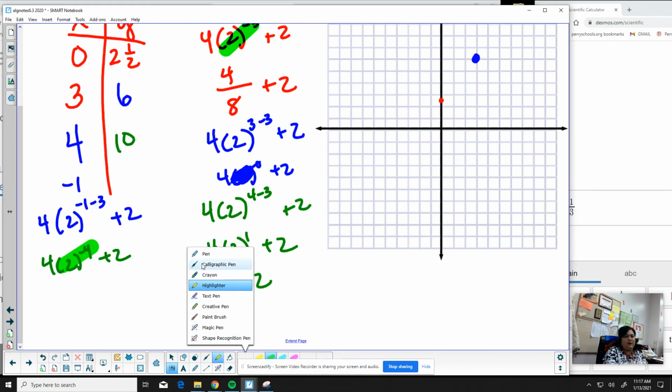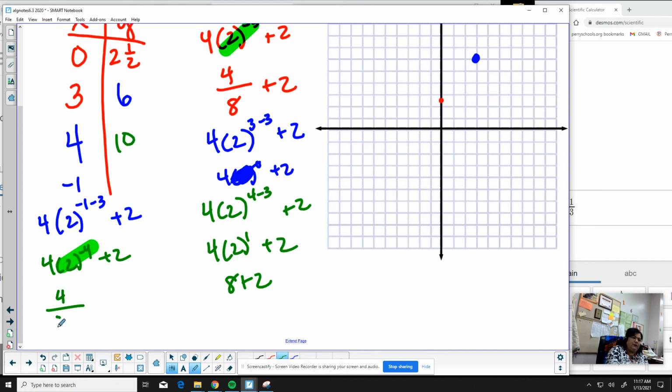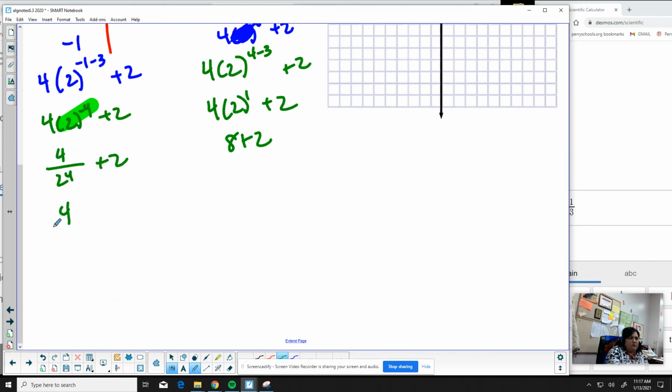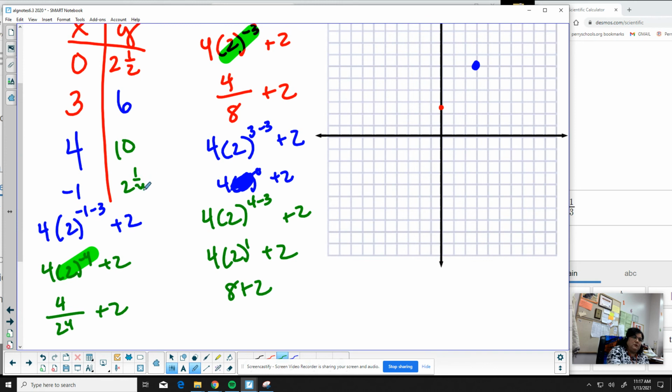So we're going to move that to the bottom part of the fraction. So 4 over, let's see, 2 to the 4th is 16, plus 2. So that's 1/4 plus 2. So that's 2.25. So negative 1, 2.25. So it's about right here.